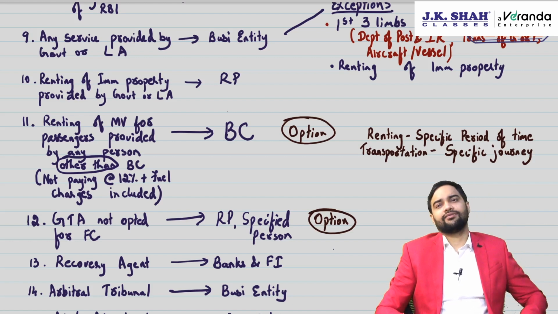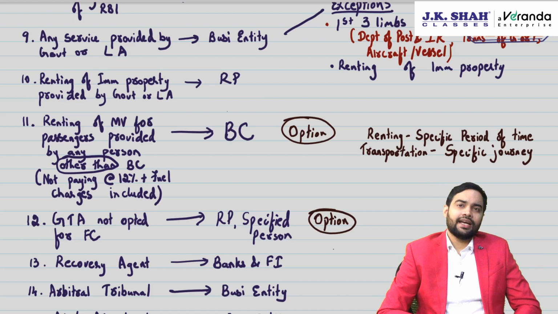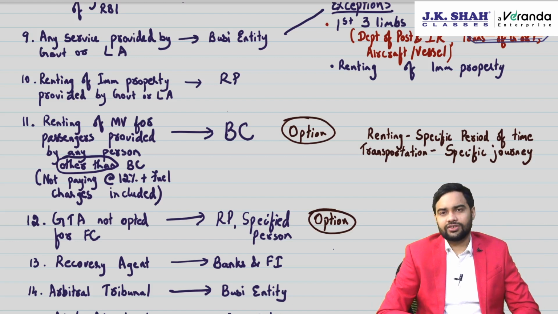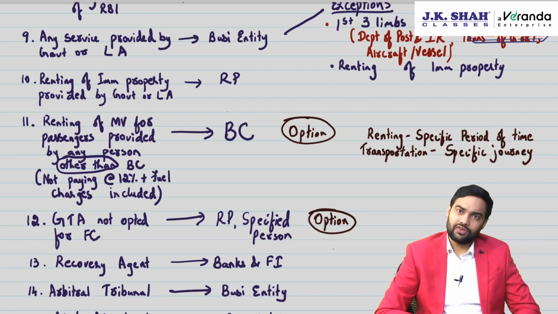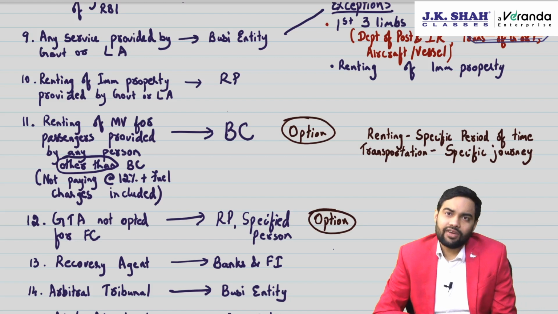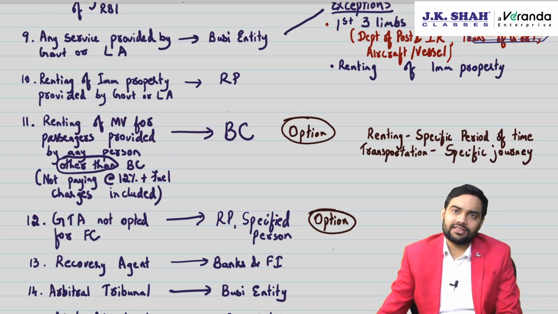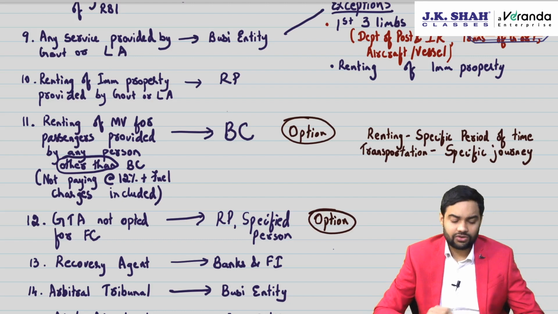Then in that case, whether it will be a case of RCM or forward charge, it will be a case of forward charge, and we'll have to also check for any exemption. But if it was renting, saying I have the control over the vehicle, full day the vehicle is with me, I can send it whenever I want, wherever I want, then it would have been a case of reverse charge mechanism. So you should know the difference very well.